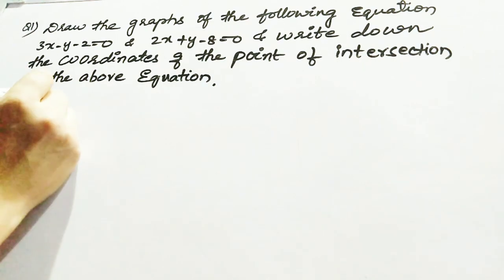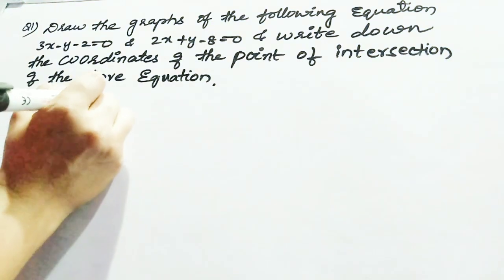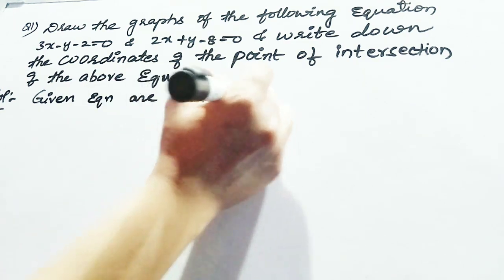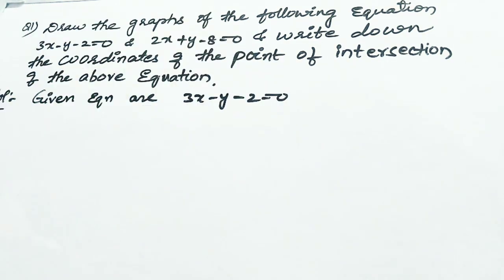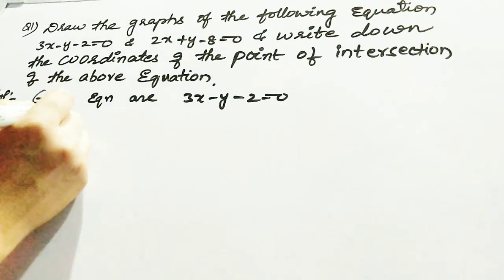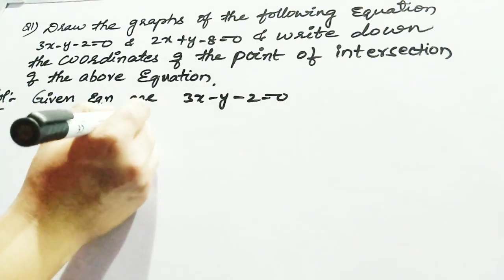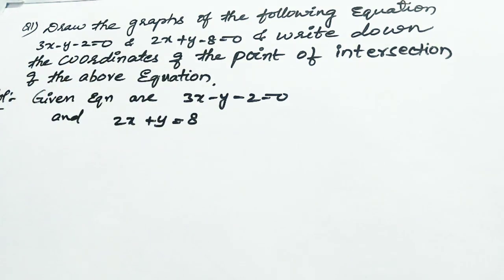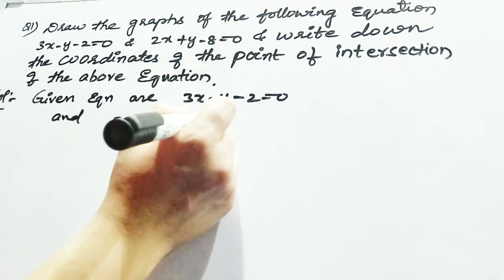What is given? The given equations are 3x minus y minus 2 equal to 0 and 2x plus y minus 8 equal to 0.